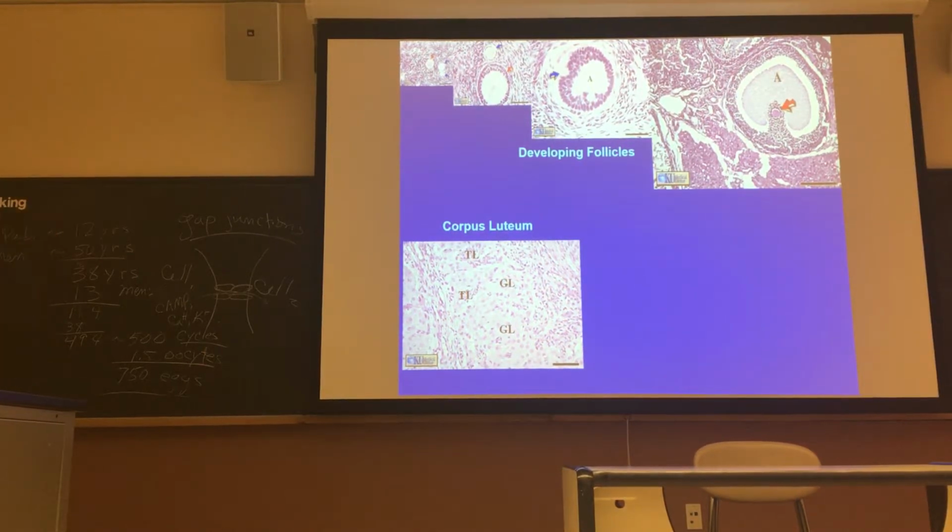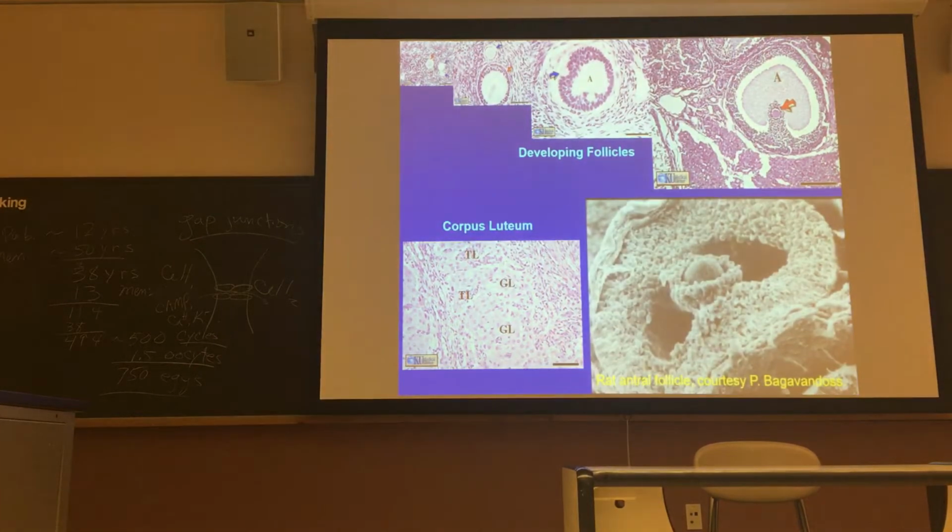Because the other thing you see, if you look at these under, for instance, transmission electron microscopy, is a lot of smooth endoplasmic reticulum. And you'll see specialized mitochondria that are particularly devoted to the production of steroids.